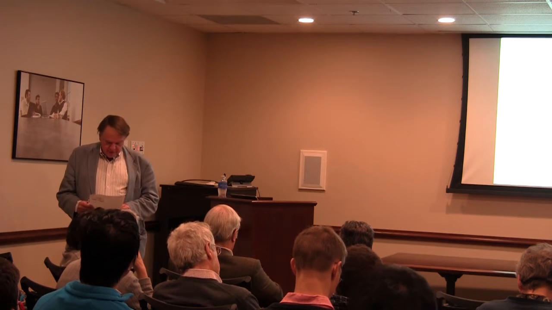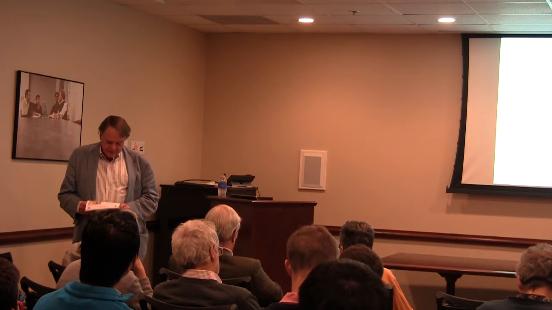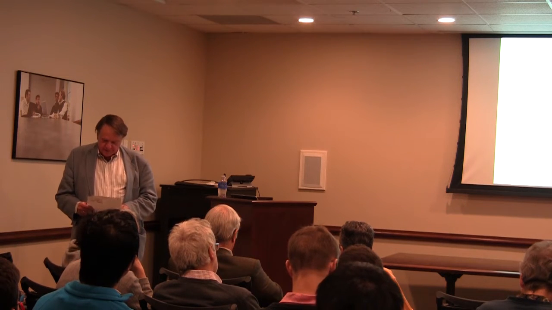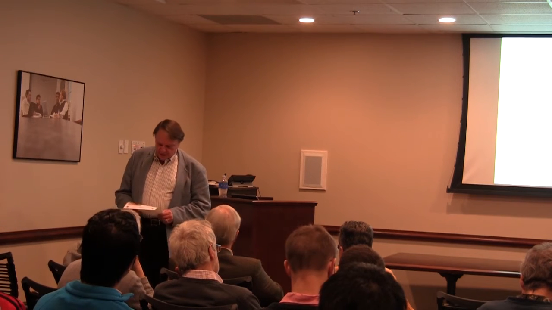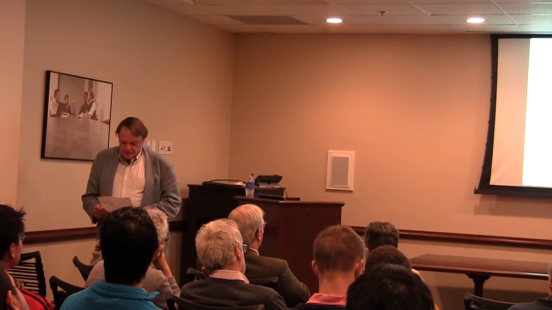He's a member of the National Academy of Engineering, National Academy of Sciences, and the American Academy of Arts and Sciences. He has received some of the most prestigious awards, including the IEEE Edison Medal in '92 and the '95 IEEE Claude Shannon Medal. Today, he will talk to us about codes and graphs, and he is currently an adjunct professor at MIT.